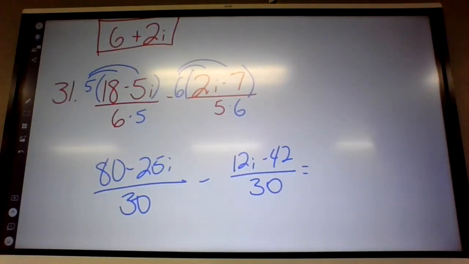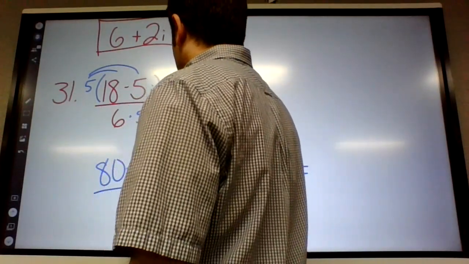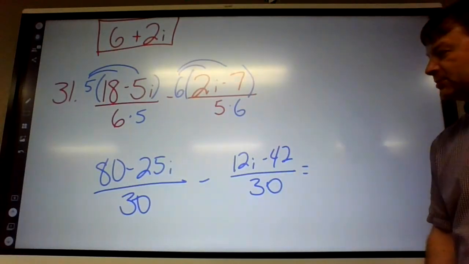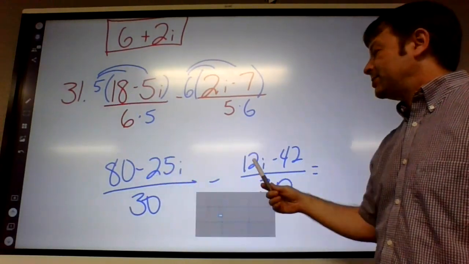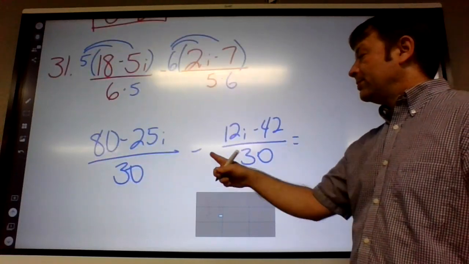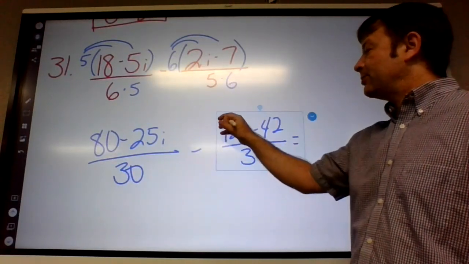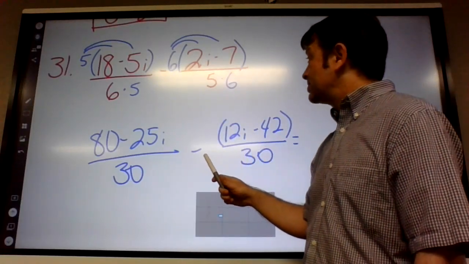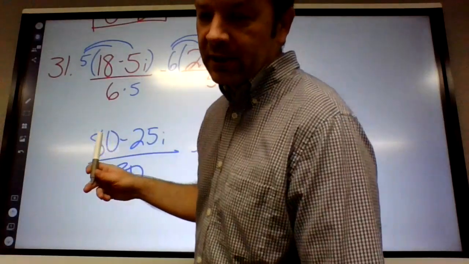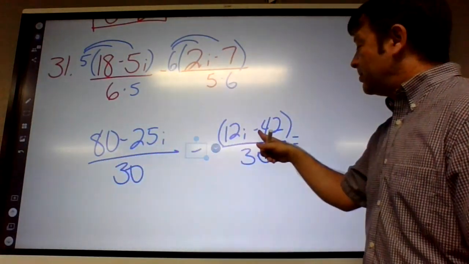You guys follow how I did that? Multiply by 5 on the left one, on everything, and 6 on the right one. Now what do we do? When you have the same denominator, you add or subtract the numerators. Now, because there's a minus right here, that means we're not just subtracting 12i, we're subtracting all of this. Okay? So this will be 80 minus 42.